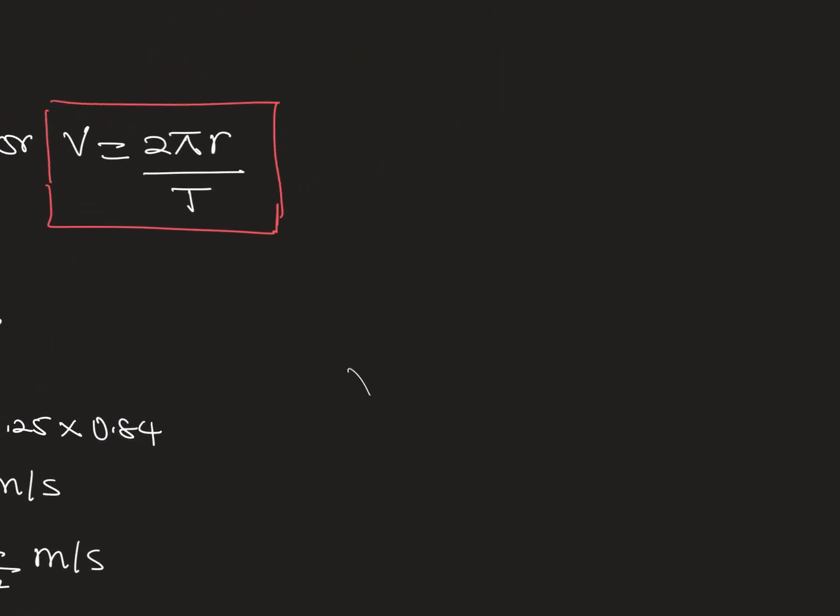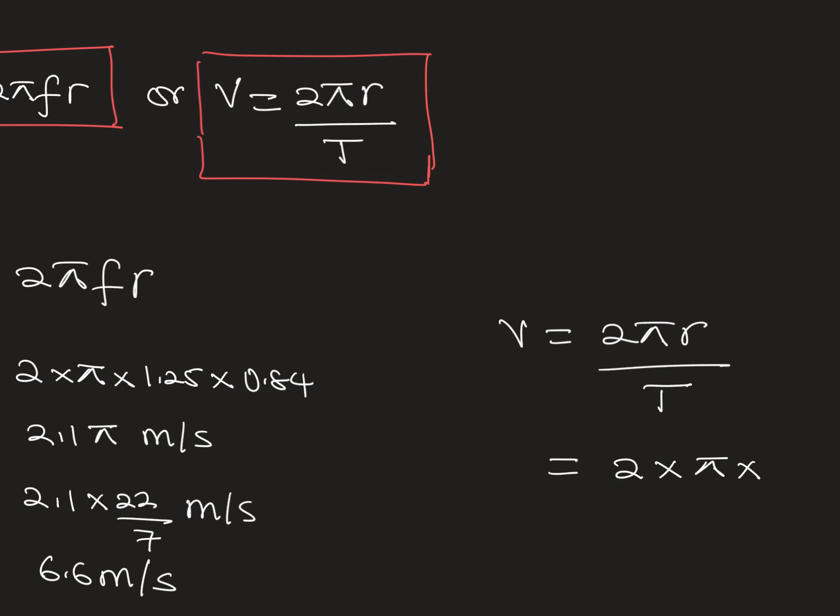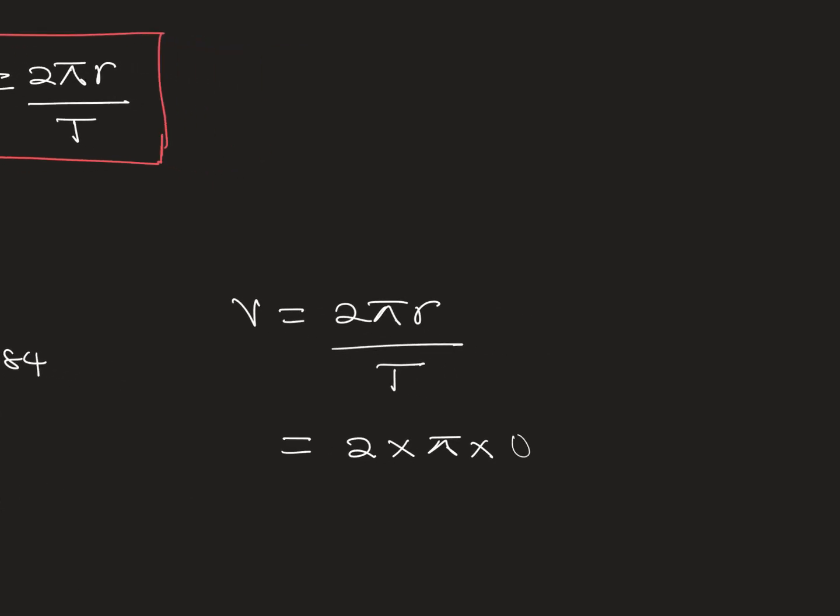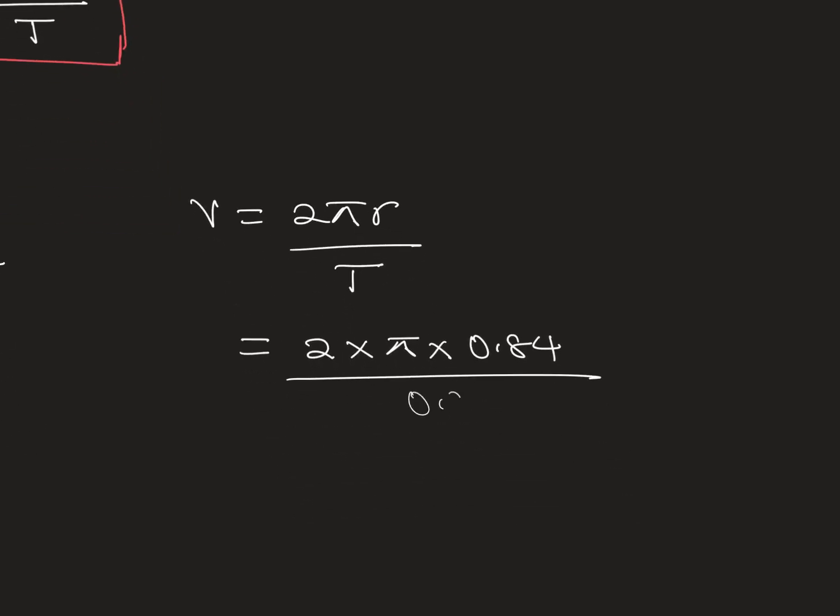Using v is equal to 2 pi r divided by t, that will be 2 times pi times the radius, 0.84, divided by the period, which is calculated as 0.8 seconds.